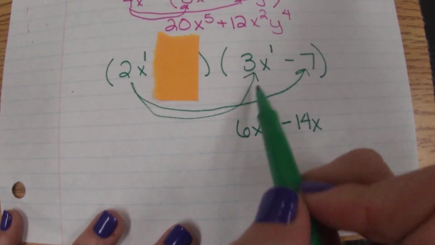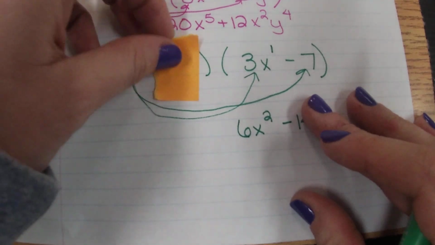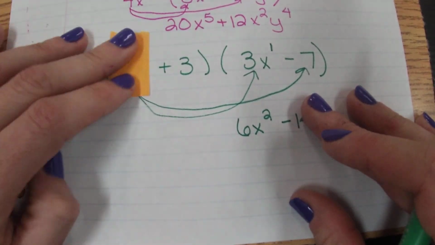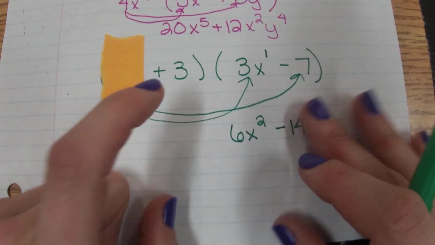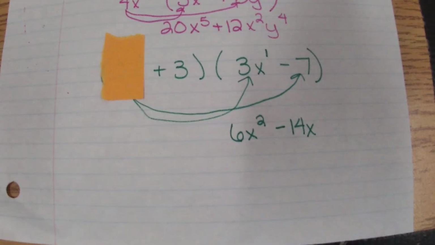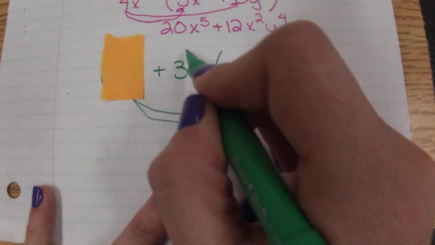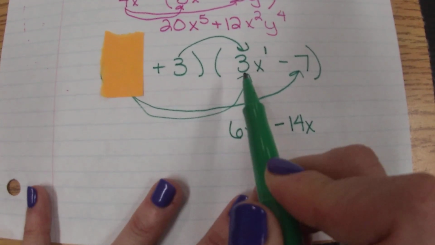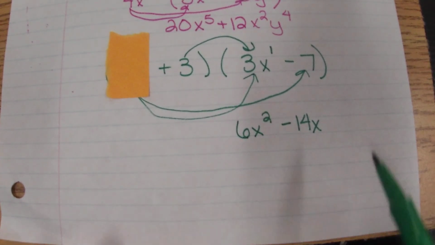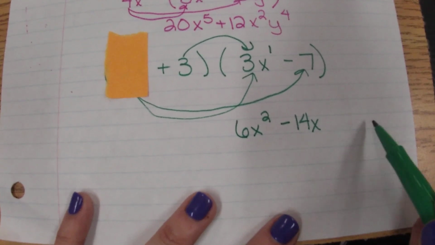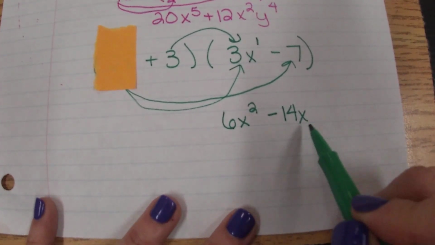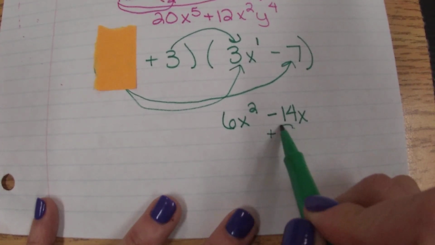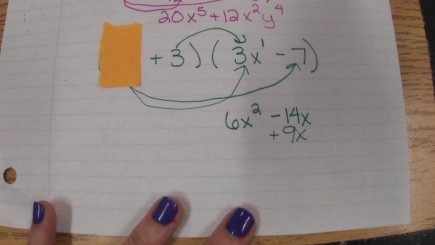Okay, so we've taken care of distributing the 2x, and then you're just going to sort of move your sheet of paper and now switch. So we were distributing the 2x, so now let's distribute the 3x, or the 3. So 3 times 3x is 9x, and we could write that 9x just right next to this. But 9x is a like term with 14x, so I'm going to put it underneath here. It's going to help me in a minute.